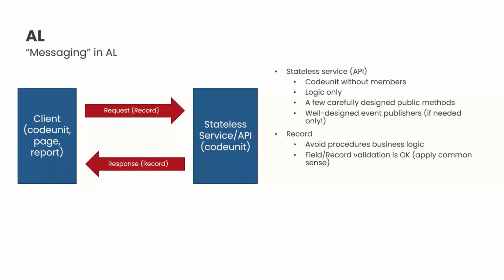If you need, you can add some public publishers there, and then try to avoid putting too much business logic into the records. Obviously, field or record validations are okay; we have them in AL, that's fine. But for public procedures that do something on the record, maybe it's better to move them to a separate code unit.